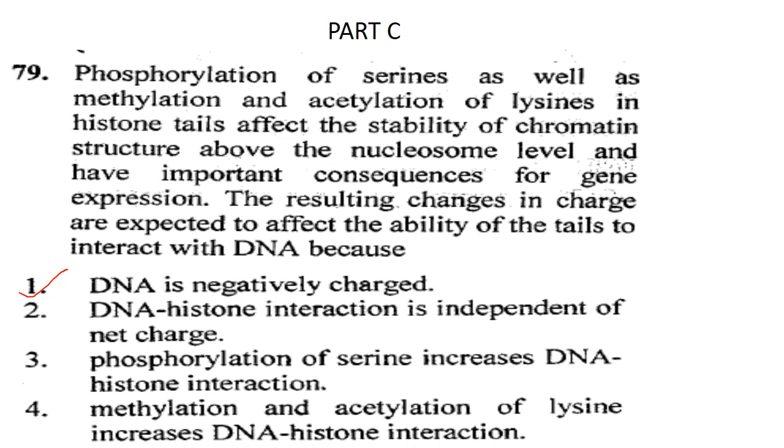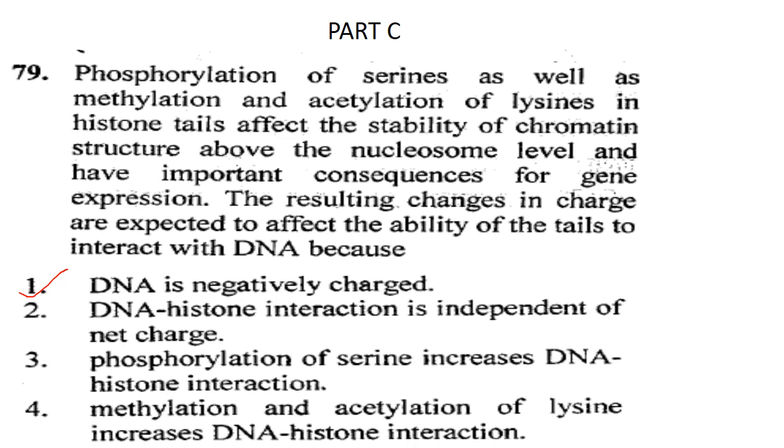Coming to part C. Phosphorylation of serines as well as methylation and acetylation of lysines in histone tail affect the stability of chromatin structure above the nucleosome level and have important consequences for gene expression.